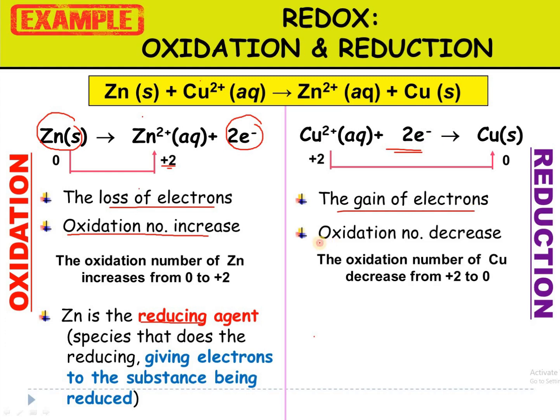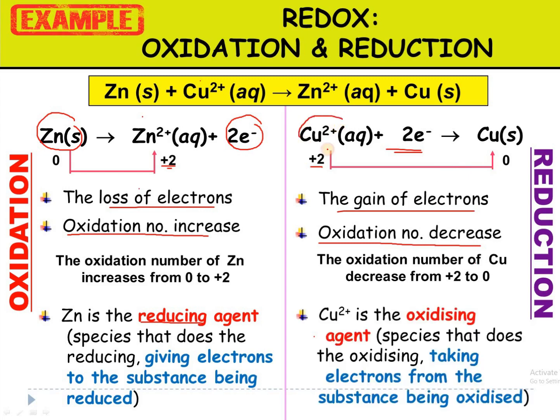Second, in the reduction process, oxidation number decreases. For example, copper 2+ ion has oxidation number +2 and produces copper solid with oxidation number 0, so the oxidation number decreases. Copper 2+ aqueous is the oxidizing agent. Oxidizing agent is the species that does the oxidizing, taking electrons from the substance being oxidized.